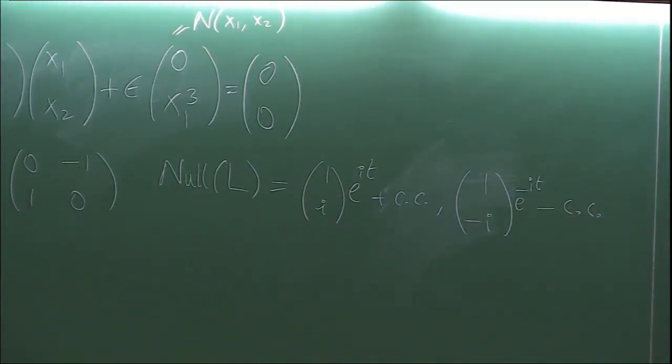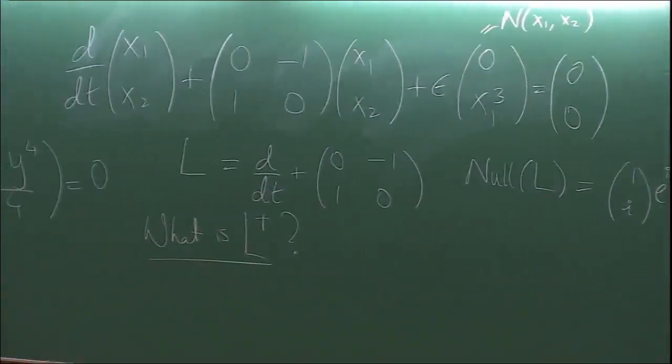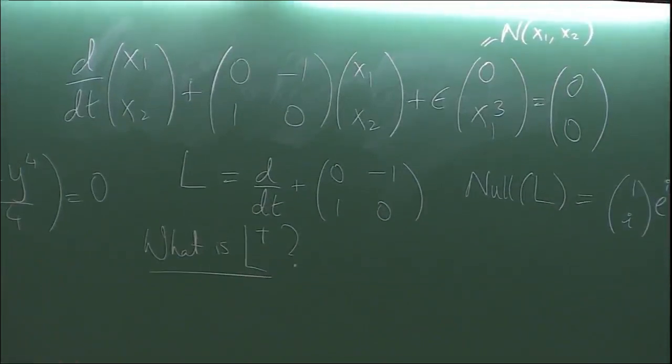One of them should be multiplied by an extra i. I agree. But clearly, I can do that. Okay. All right. Now the question is, what's that? Because I also want to know the null space of the adjoint. Okay?